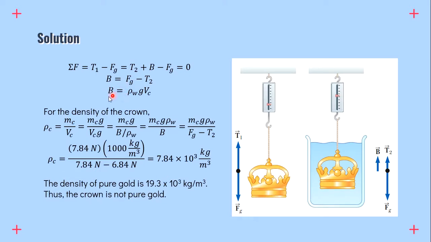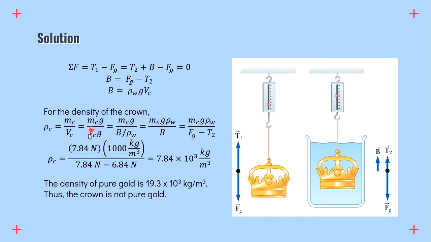And we know that this buoyant force is equal to rho water times g times the volume of the crown, or the volume displaced by the crown. The density of the crown is mass over volume, rho C equals MC over VC. If we multiply g both at the numerator and the denominator, why do we do this?